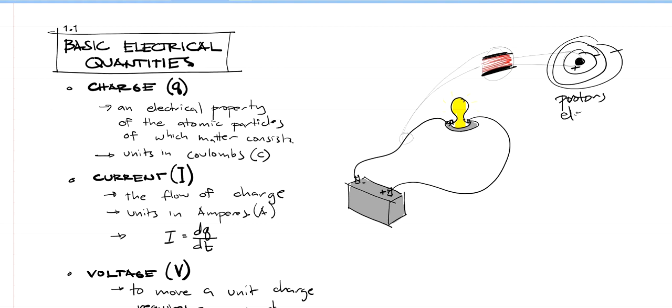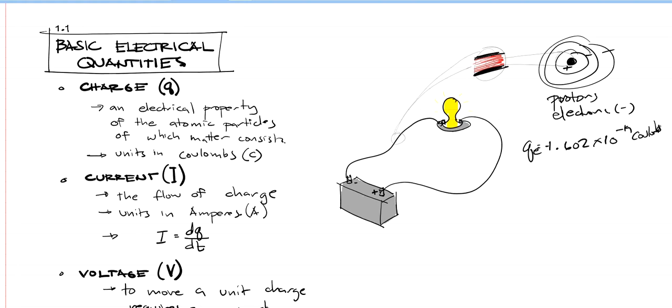The value of this charge is 1.602 times 10 to the negative 19. So Q, let's say for an electron, is negative because electrons have negative charge, right? And the unit is coulombs.